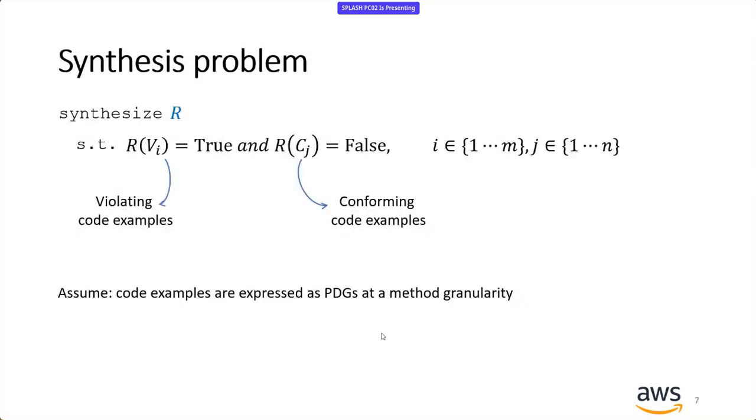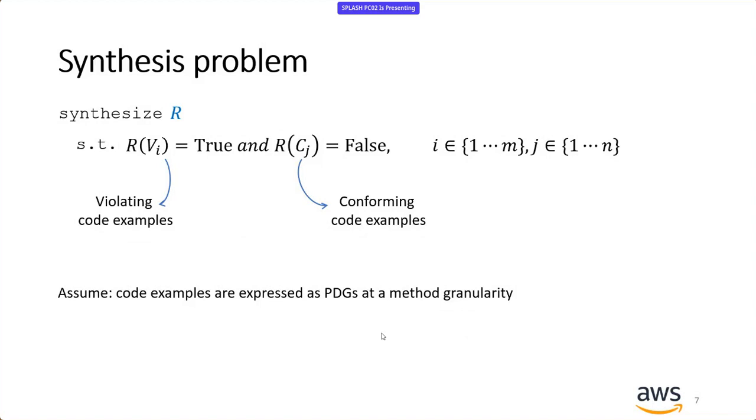Cool. So with this context, let's dive into the synthesis problem in a more technical manner. We formulate the problem as follows. We want to synthesize a rule R given a set of violating and conforming examples such that the rule would evaluate to true on the violating examples and it would evaluate to false on the conforming examples.